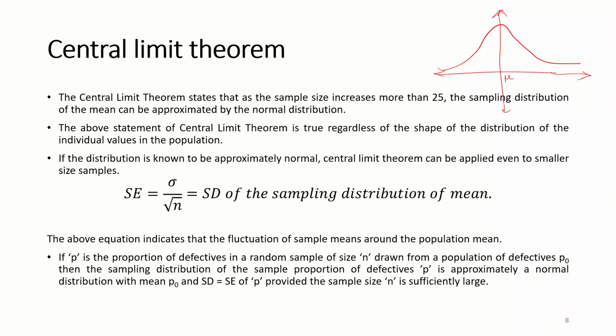We denote it as mu, the mean, and its dispersion is determined by the standard deviation. So two parameters are important in understanding a normal distribution: one is the mean, and another is the standard deviation.